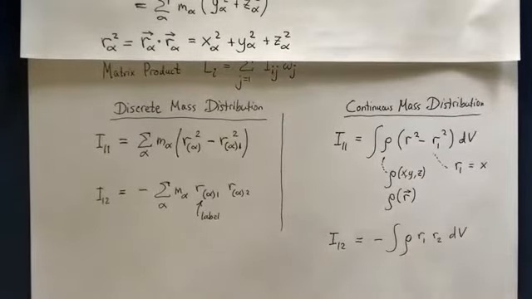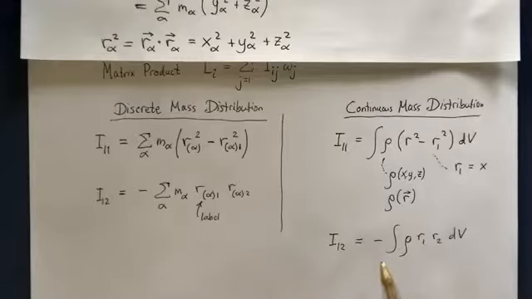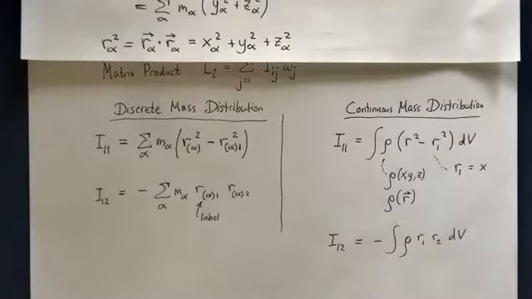And again, the idea R1 is X and R2 is Y. They are simply identical. It's just different notation. And so this is saying you integrate over all space. You have the mass distribution at that location, and then you multiply by X and Y. So X times Y times the mass distribution, integrate over all space, and then flip the sign. And you're done. That's your component.